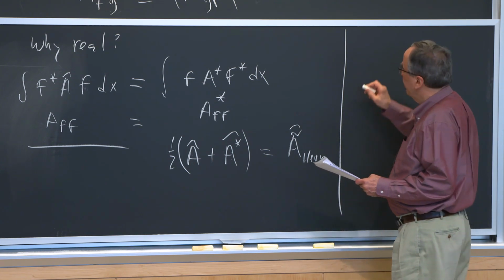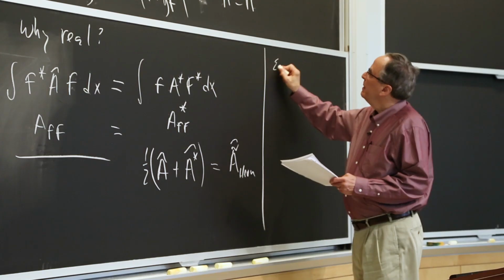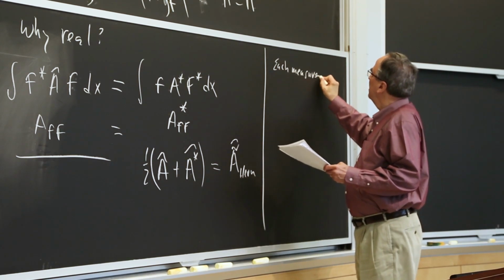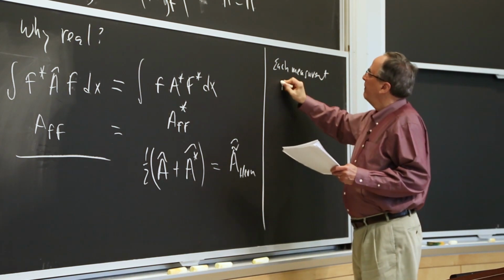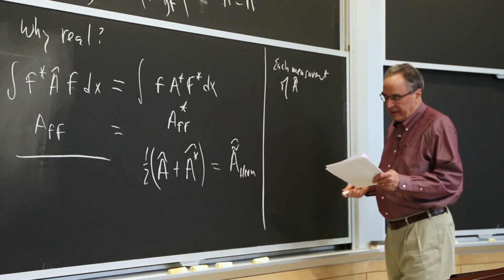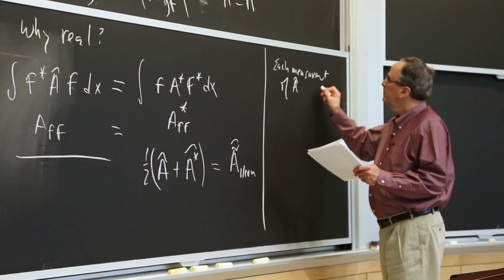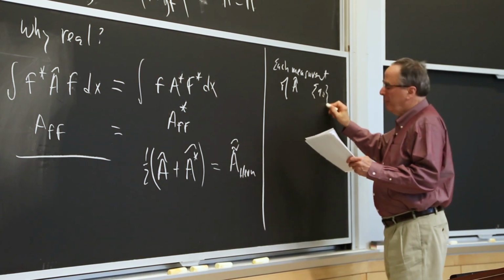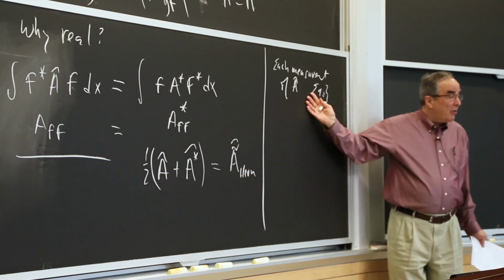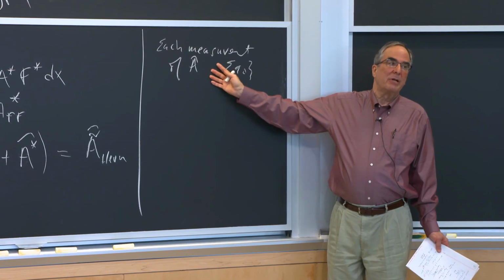We're now talking about the third postulate, and each measurement of A gives an eigenvalue of A. We've talked about this enough. But your first encounter of this was the two-slit experiment.